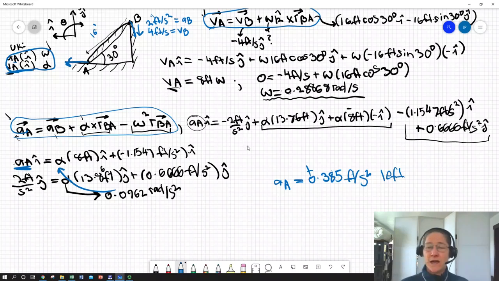So that was what allowed us to solve this problem. Very basic: two points on a rigid body undergoing planar motion, and then knowing the geometry of the problem, and the direction of motion at that instant of your unknown point.